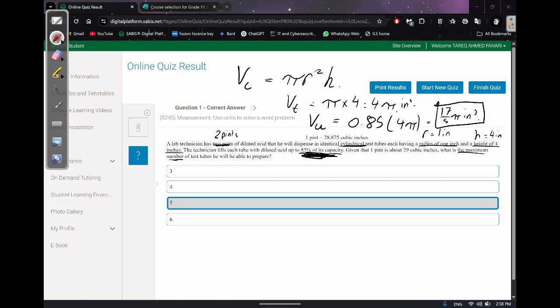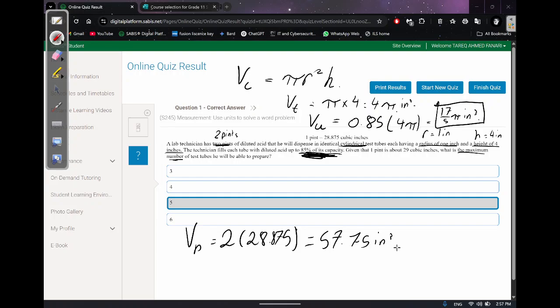Now let's turn the pints into cubic inches. If 1 pint is 28.875 cubic inches, then 2 pints is going to be 28.875 times 2, which is 57.75. So the volume of the pints equals 2 times 28.875, which equals 57.75 cubic inches.